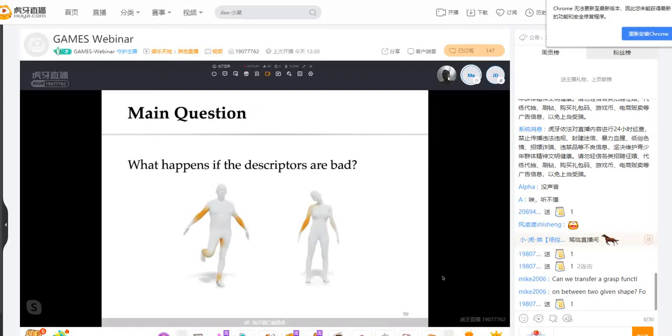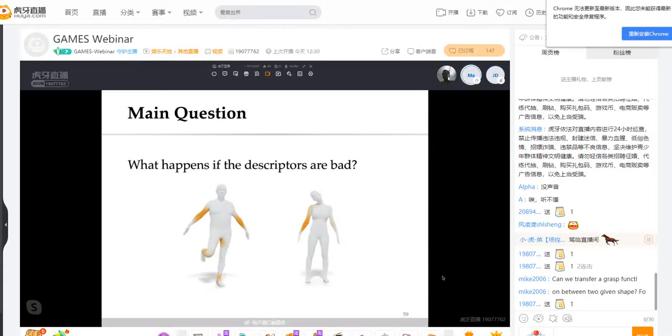The pipeline that I described works fairly well if the initial descriptor correspondences are good. What that means is that in practice, we often need to curate the descriptors that we use to the particular kind of shapes or data that we have.